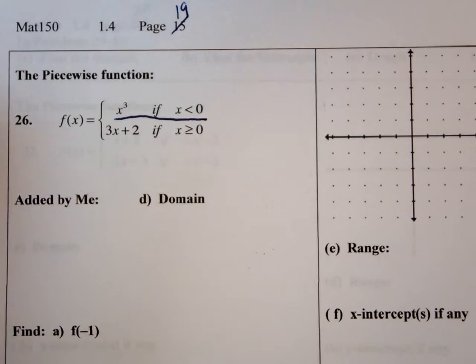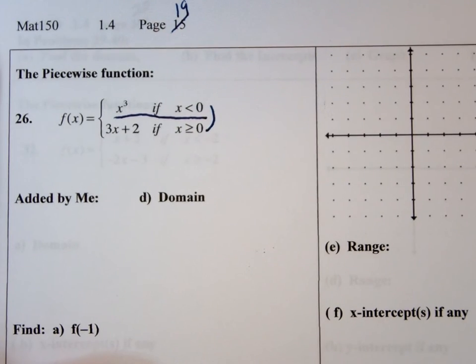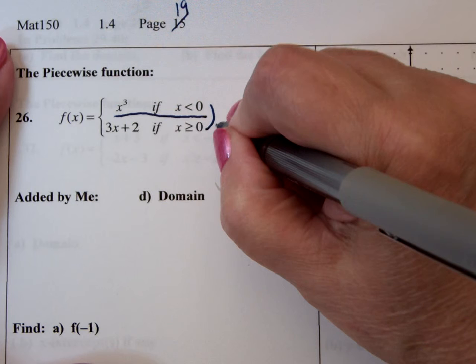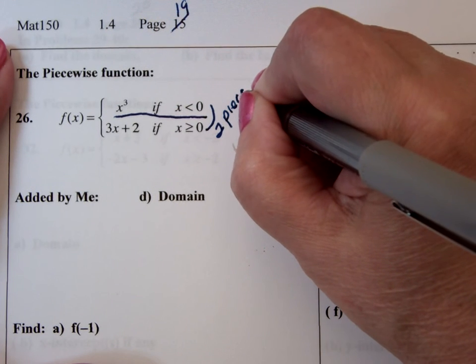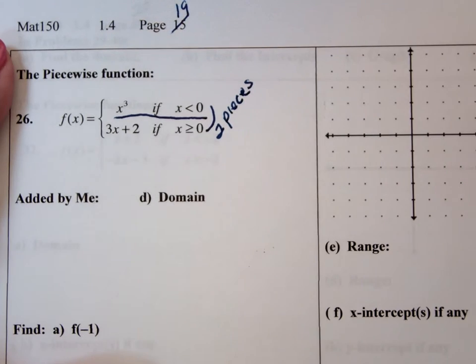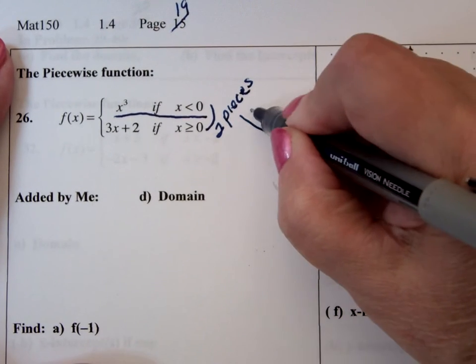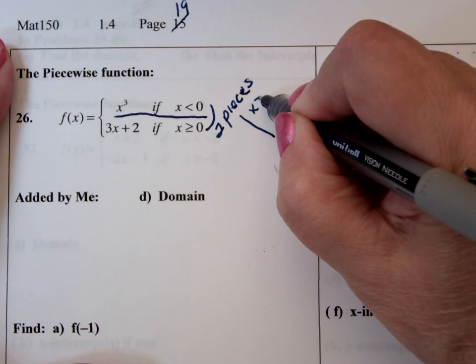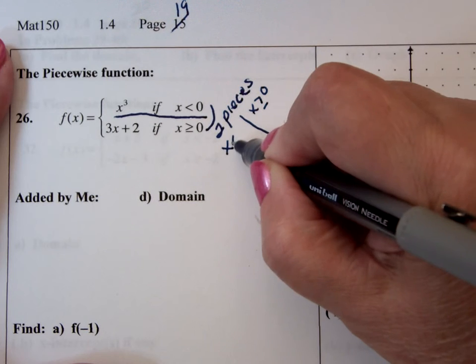So what this does is it takes my graph paper and breaks it into two pieces. One piece is going to be x greater than or equal to 0. The other piece is going to be x less than 0.